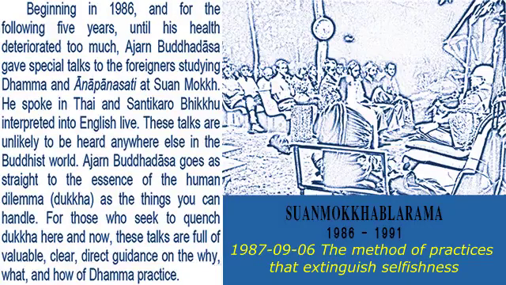The second method is that of practice, of practicing Dhamma correctly in order to realize these three truths directly within the mind. So there is the method of study and the method of practice for realizing these truths.